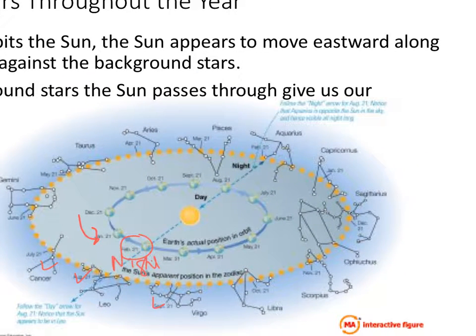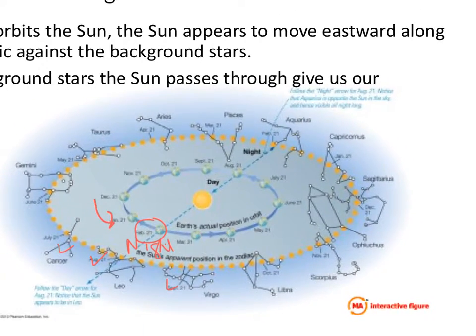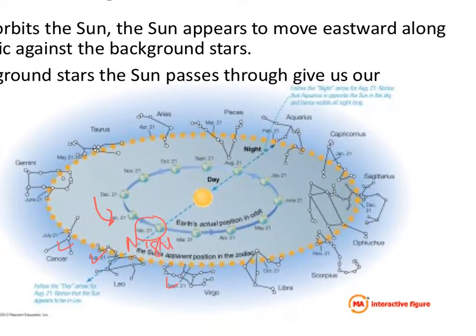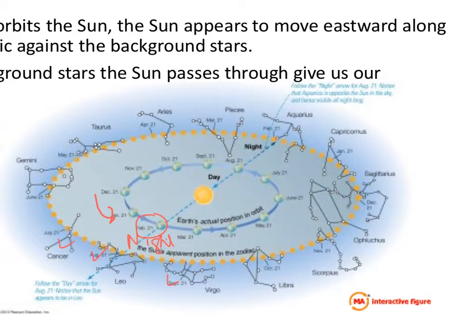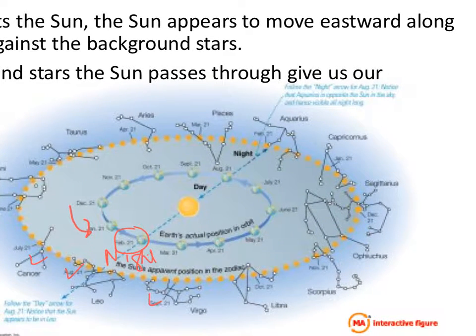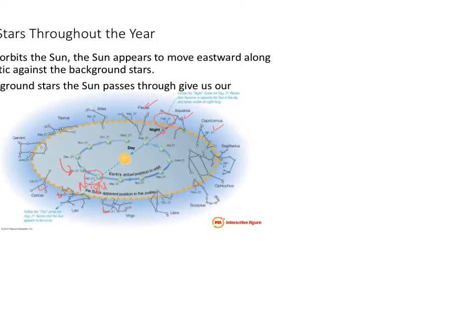And then over here, six months later, in, what month was that? That must have been August. Sorry, that was August. And then six months later in February, our nighttime, these are the stars that we're going to see. So you're going to have a question about that. All right, on to part 2.